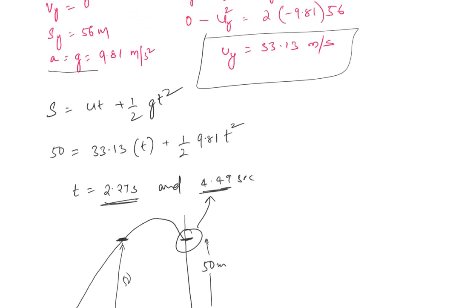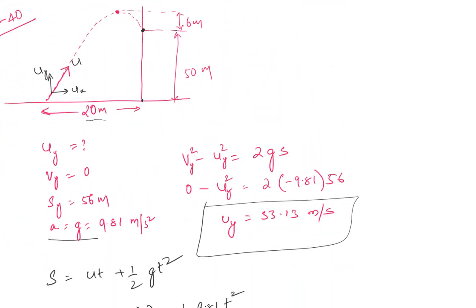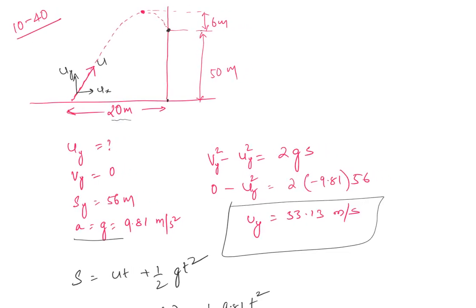Okay, so to recap, we use this formula to find the vertical velocity. Here we use 56 because that is the point at which we know the final velocity. We don't know the final velocity at 50 meters.